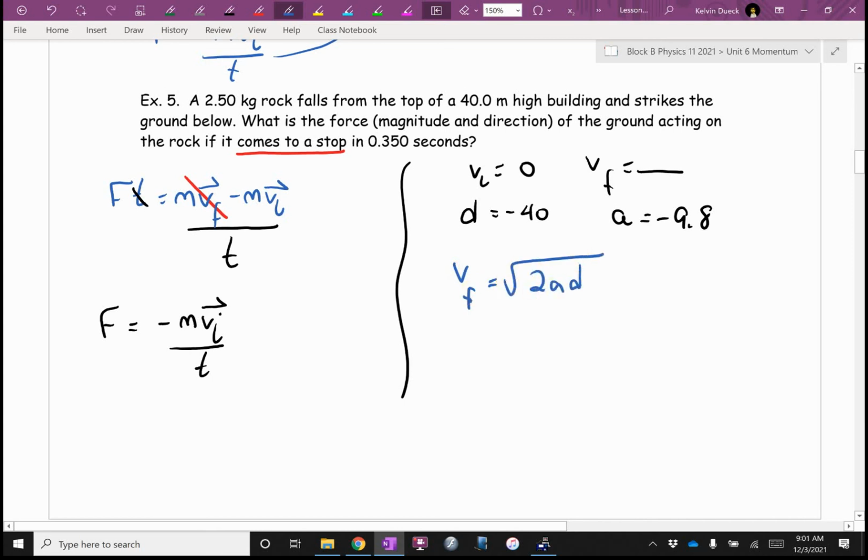Is she right? v i is 0, yes. So gone. Square root, okay. So it's going to be the square root of 2 times negative 9.8 times negative 40.